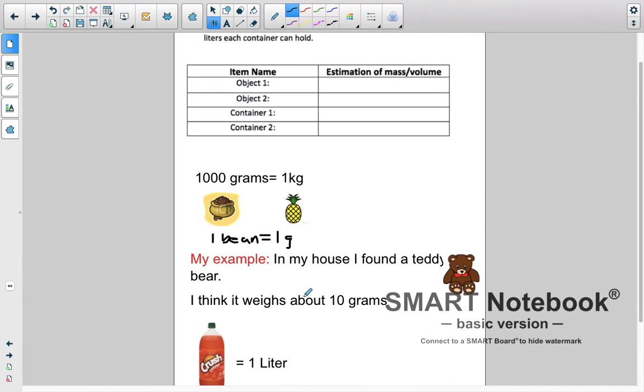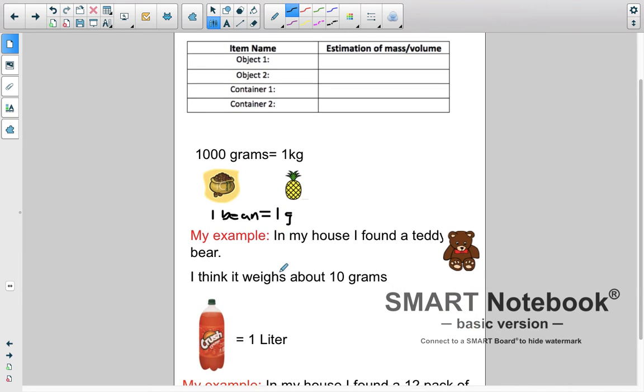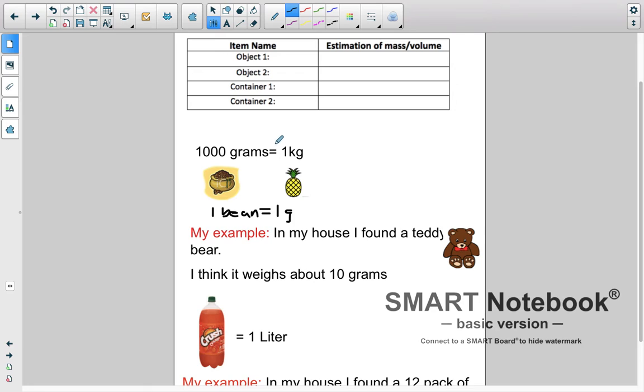So those are my examples. Remember, you need to find 2 objects to estimate in grams, and you need to find 2 liquids or containers and estimate them in liters. And you can use these hints. Remember, 1,000 grams equals 1 kilogram. 1 bean equals 1 gram.